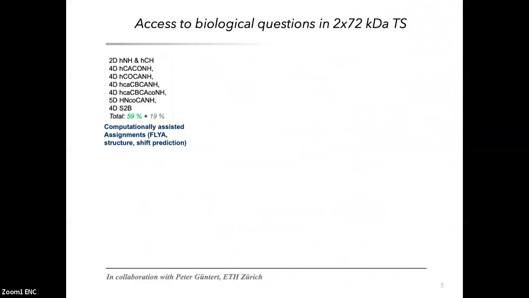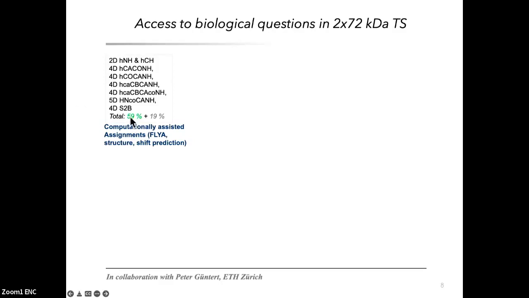Still, with this experiment only, we didn't get very far. In order to assign a great extent of tryptophan synthase, we also teamed up with Peter Güntert and incorporated computer-assisted assignments using FLYA, which makes use of the known three-dimensional structure, uses shift prediction, and has a lot of combinatorial power to process all of this information much more quickly than a human brain can.